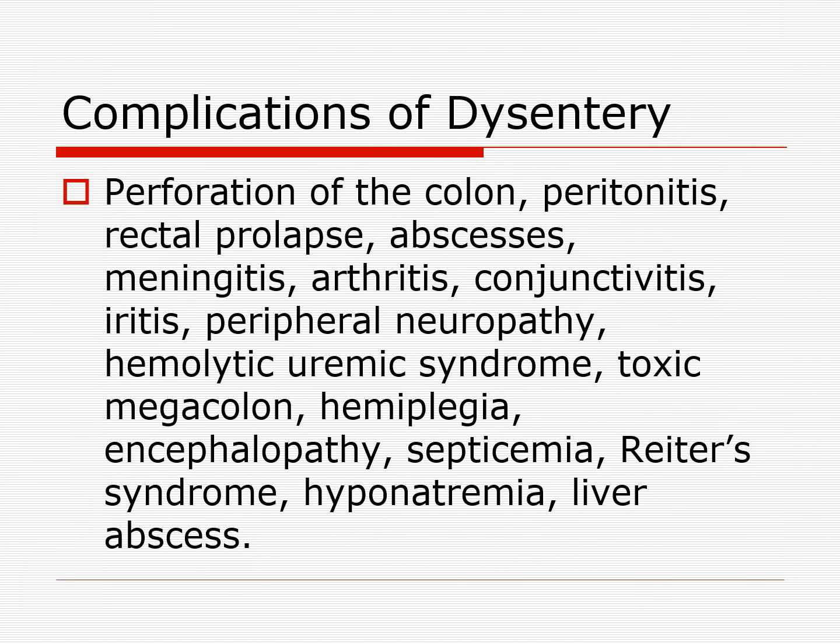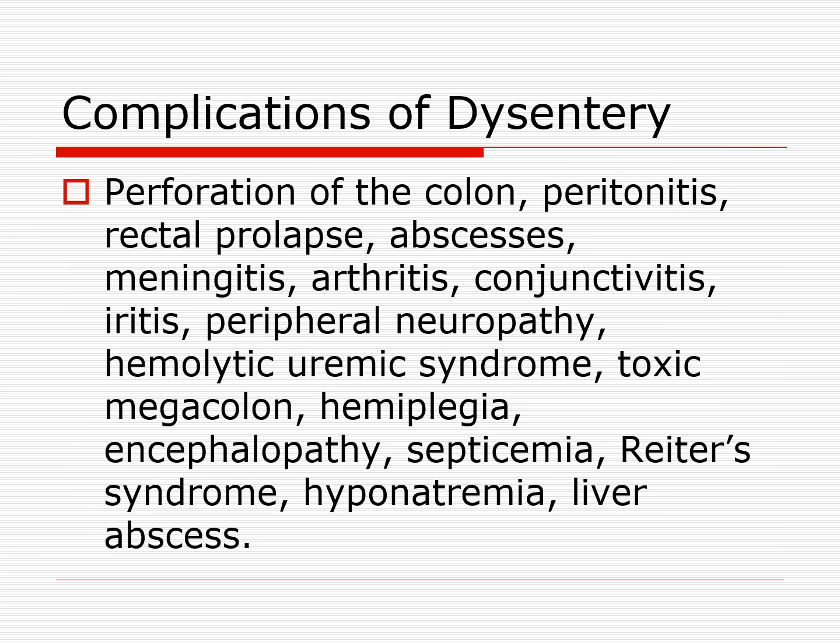Complications include perforation of the colon, peritonitis, rectal prolapse, hematogenous dissemination of the shigellas, which is rare, causing abscess and meningitis, acute non-suppurative arthritis involving large weight-bearing joints, which may occur during convalescence, then conjunctivitis, iritis, and peripheral neuropathy.